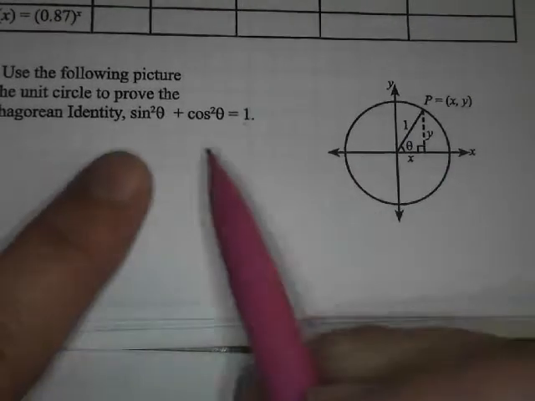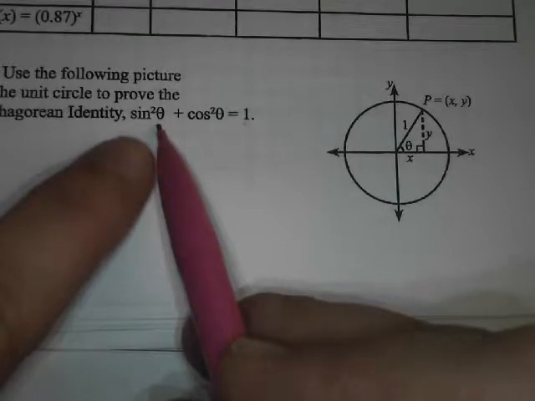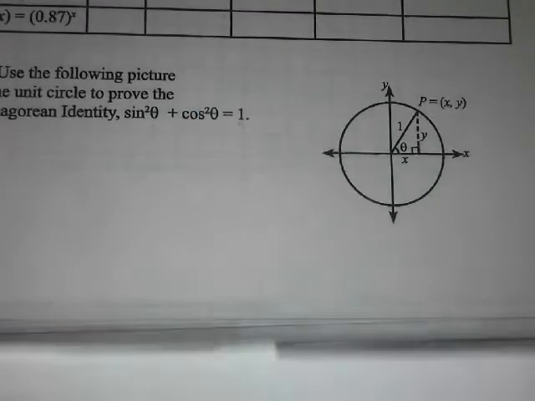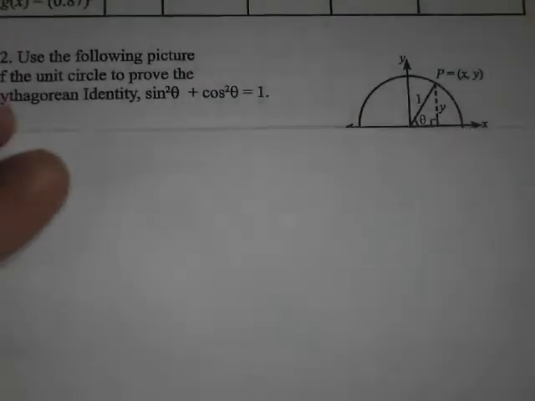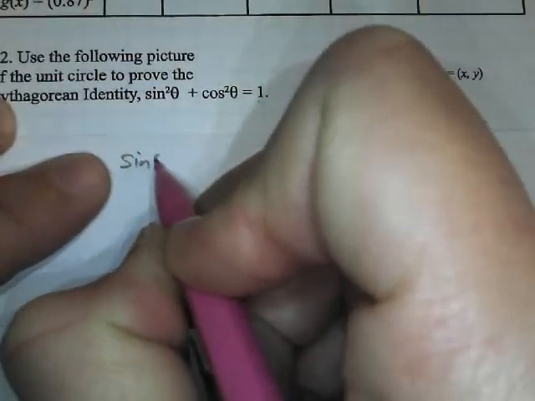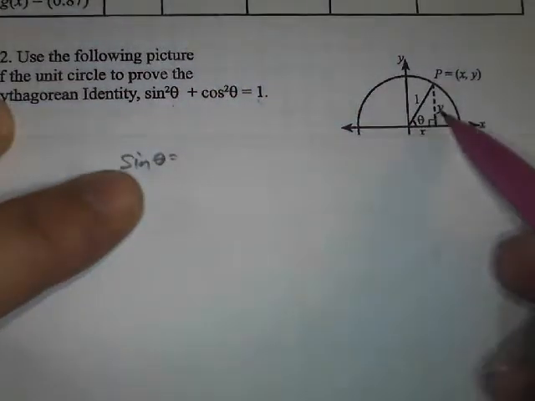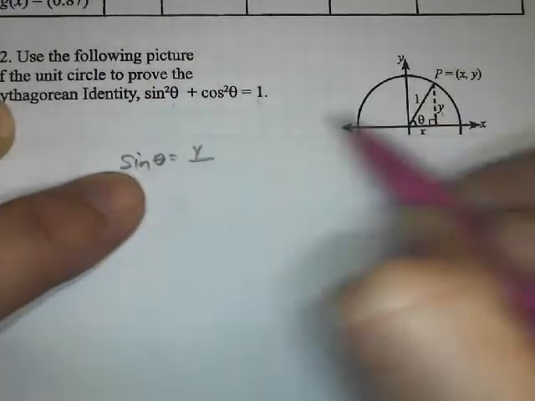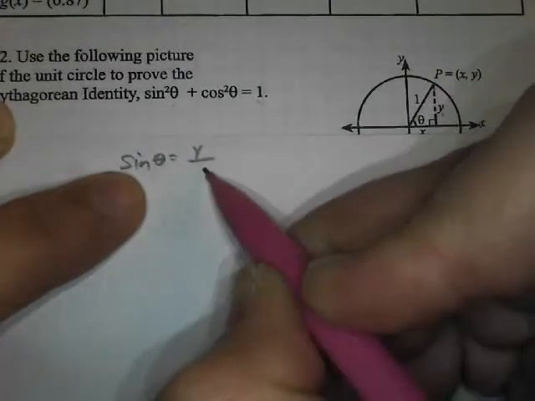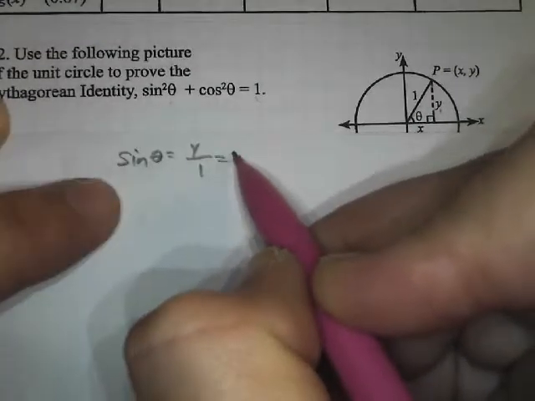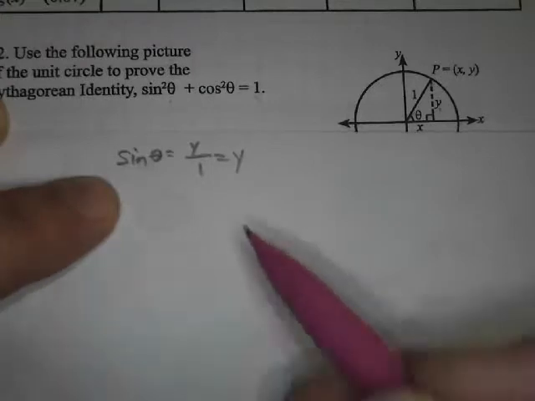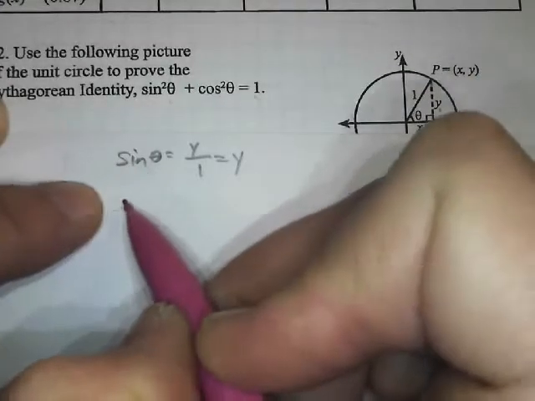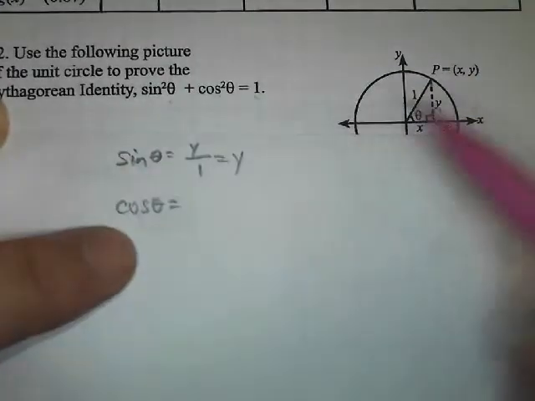Okay, so I'm going to say that the sine of theta is the opposite side length, y, over the hypotenuse, 1. So in my picture, the sine of theta equals y. Okay? The cosine of theta is what over what? Adjacent over hypotenuse. That's going to be an x over 1, or just x.